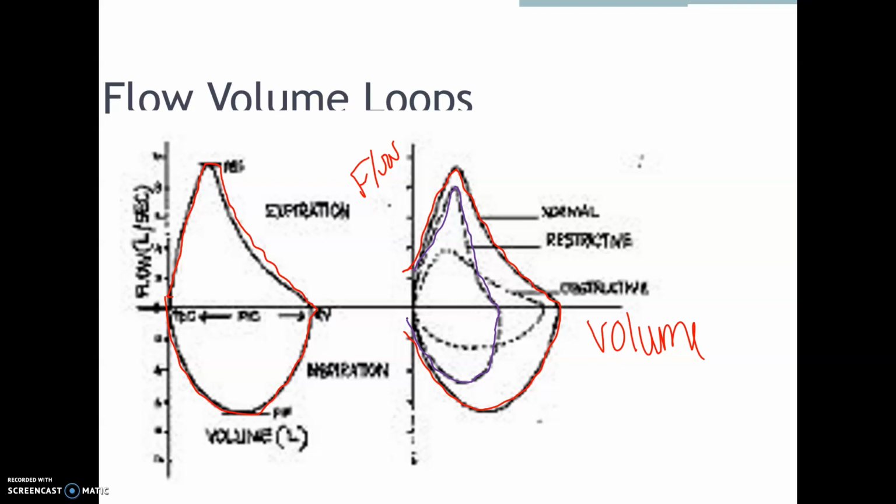Patients that have restrictive components do have problems with volume. You'll see that their flow, the top of this area here, is pretty normal, but it doesn't come out as far on the volume axis. So this restrictive one is kind of tall and thin. Restrictive patients have problems with their volume.